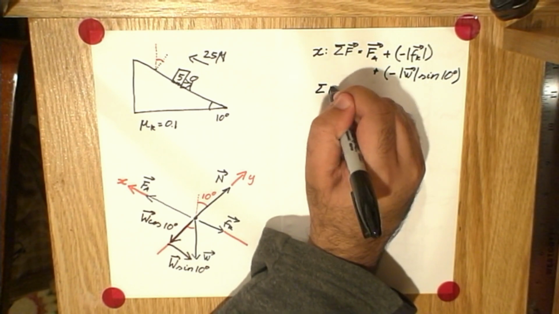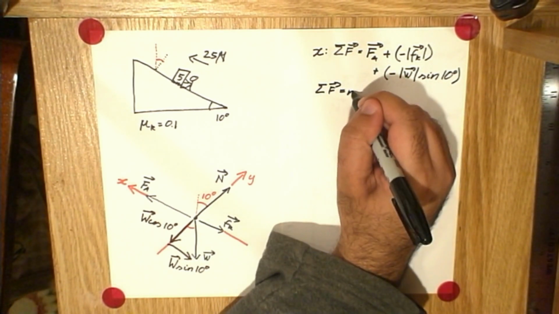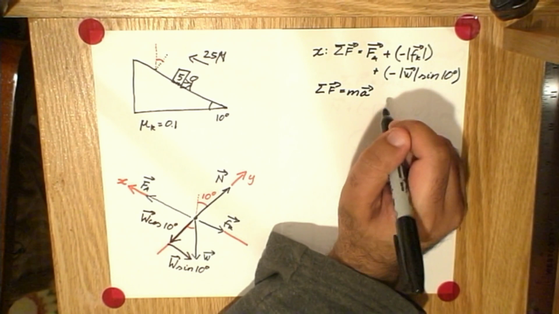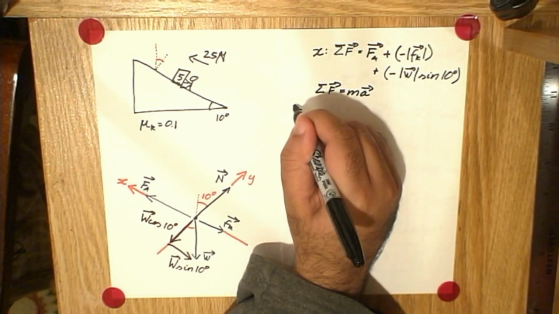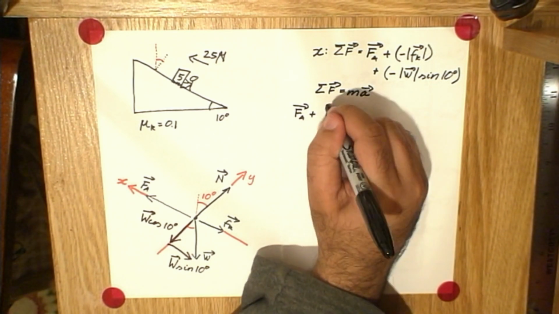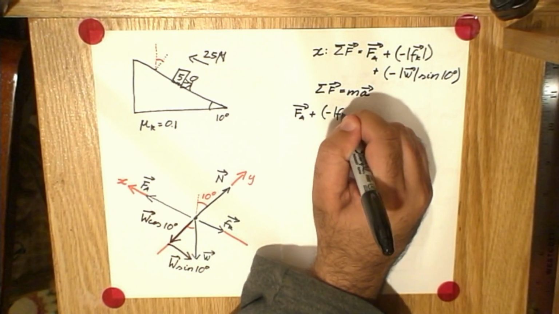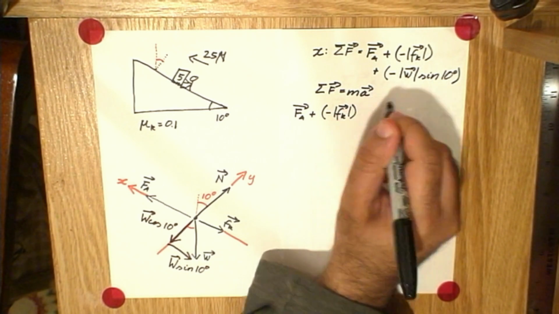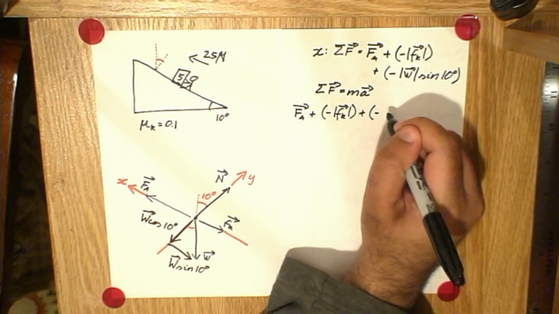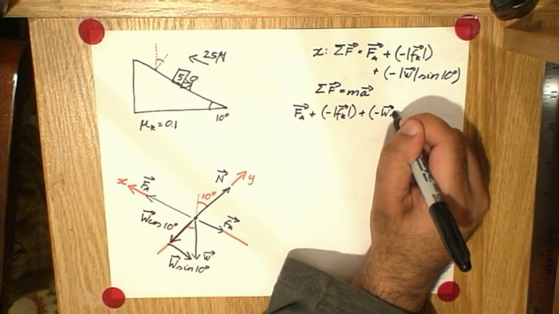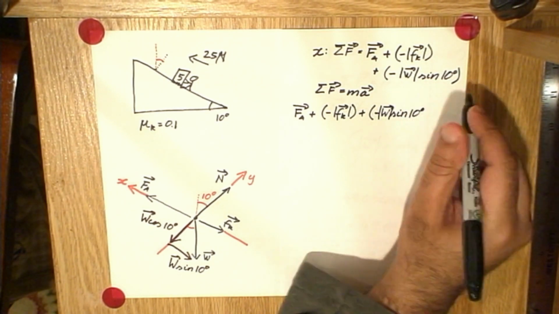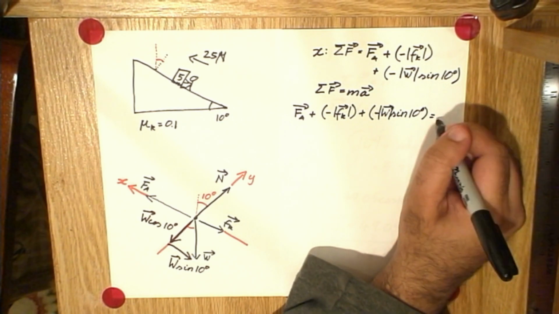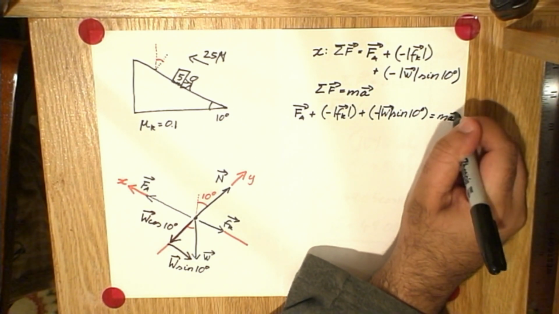Again, total force is equal to mass times acceleration. So we now have the applied force plus the negative friction force plus the negative weight sine 10 degrees is equal to mass times acceleration.